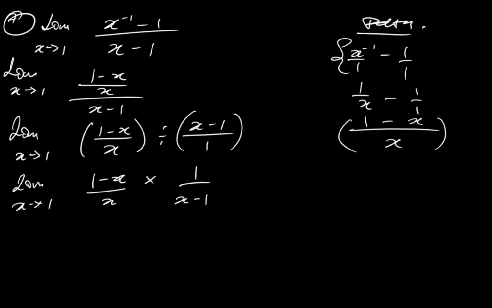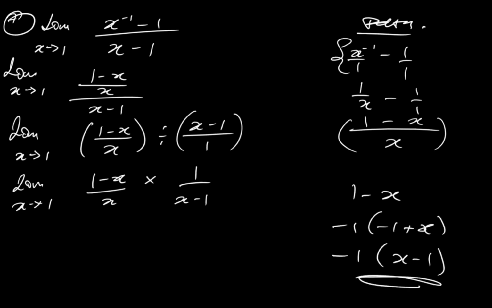Now, you can try to factorize this portion here. Because if you have 1 minus x, it is the same as minus 1 plus x, which gives you minus 1 times x minus 1. So with this, life is much easier when you do it in this manner. So what you will have is this now.